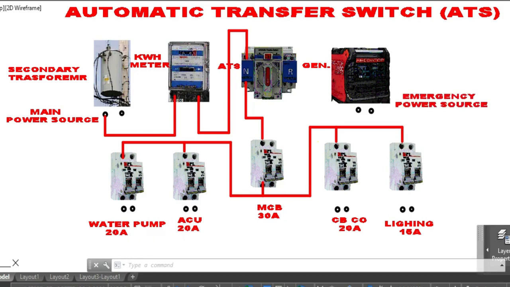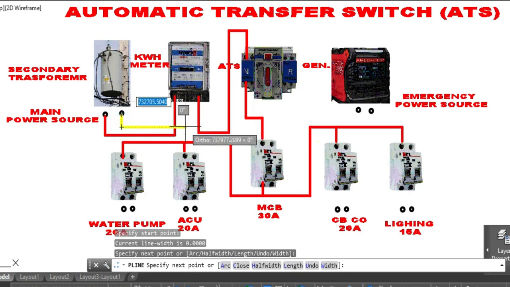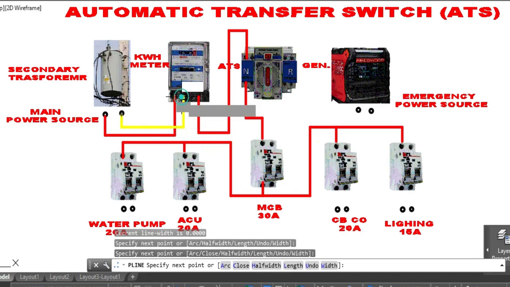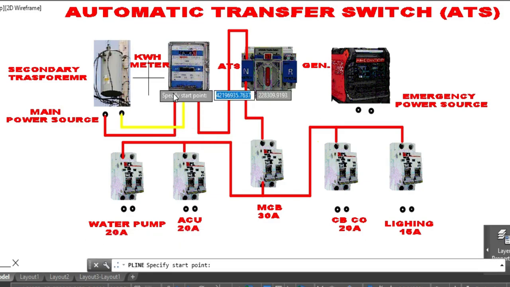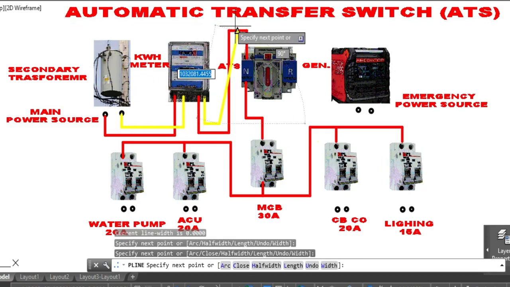So now we are going to continue making the wire for line 2 from the main power source, likewise connected to the kilowatt hour meter, and then from the kilowatt hour meter, it will be connected to the ATS, or automatic transfer switch.